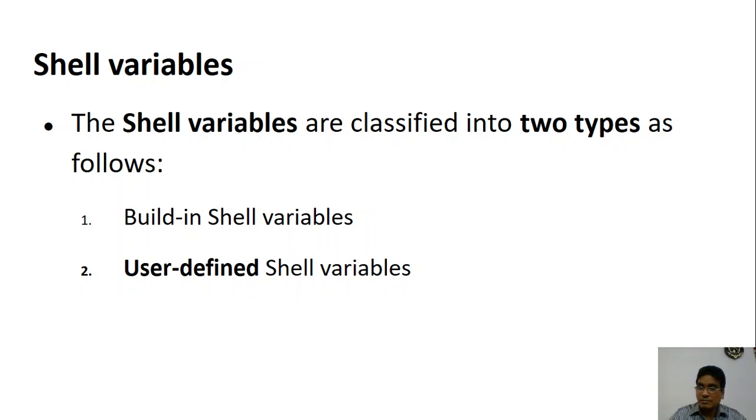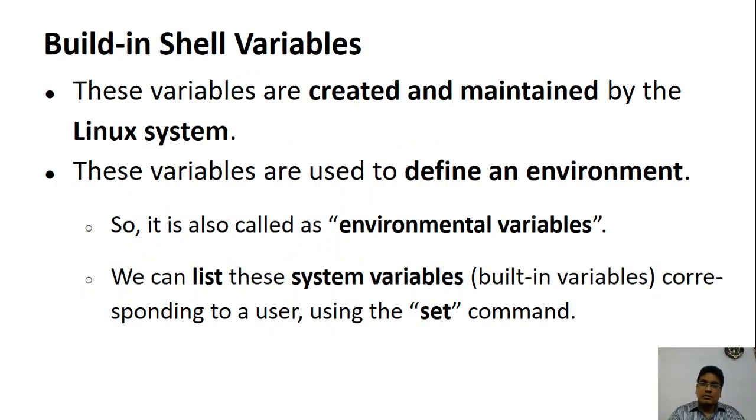However, these variables will be available to you inside your shell. These variables decide how your environment will look like, and that is why we usually call them environment variables. So they define the environment in which you can work on the shell.